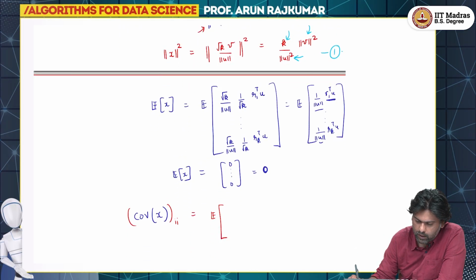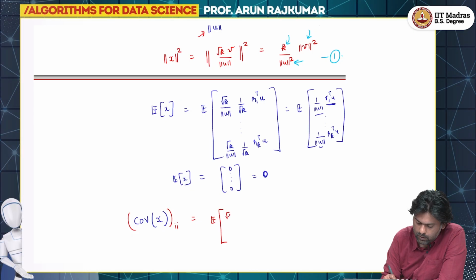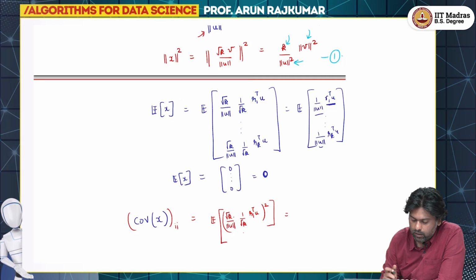So, what entry do we have? Well, the entry that we have is square root of k by norm u into 1 by square root k r1 transpose u, the whole squared, and so on. So, the ith entry would be ri. This would be the (i, i) entry of the covariance matrix. So, this gets cancelled.